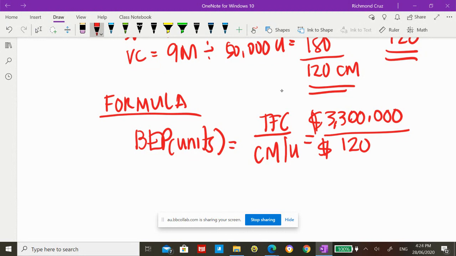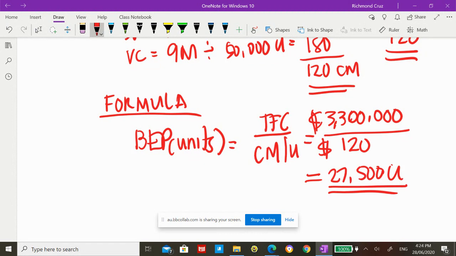Therefore, yung break-even point in units ko will be 3,300,000 divided by 120. So, that is 27,500 units.